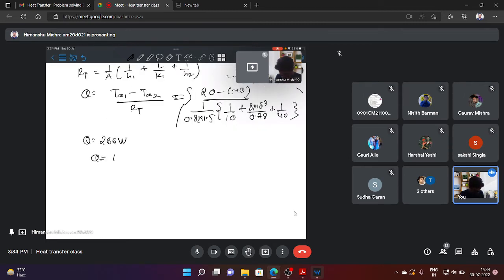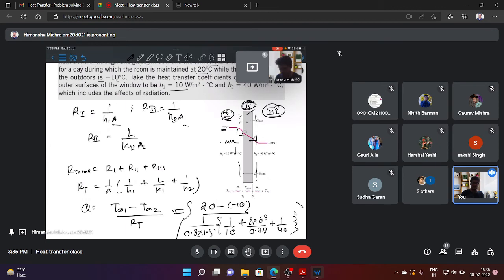Let's say Q is equal to HA times T infinity 1 minus T1. So we know the Q, which is 266 watt, and we know the H and area, and we can obtain T1 from this relation, which is 10, 0.1.5, 20 minus T1.